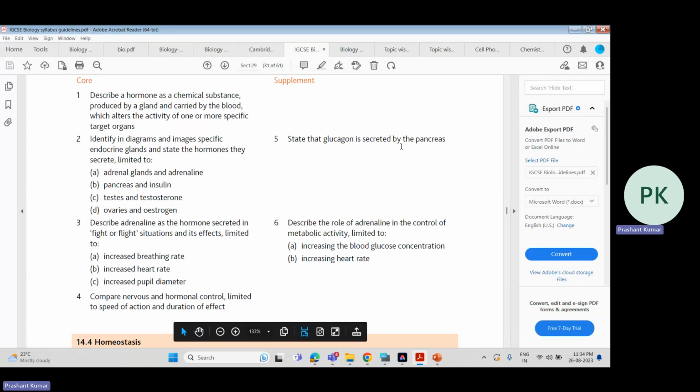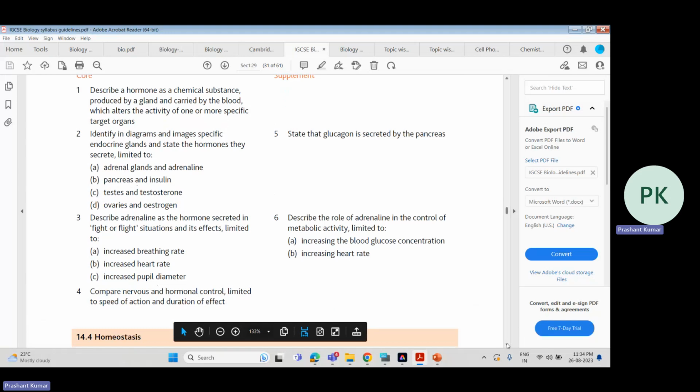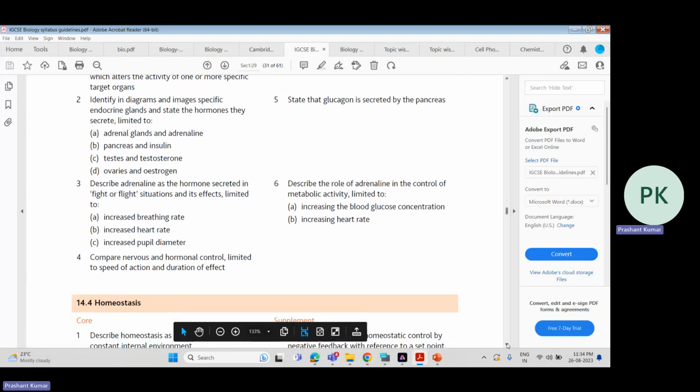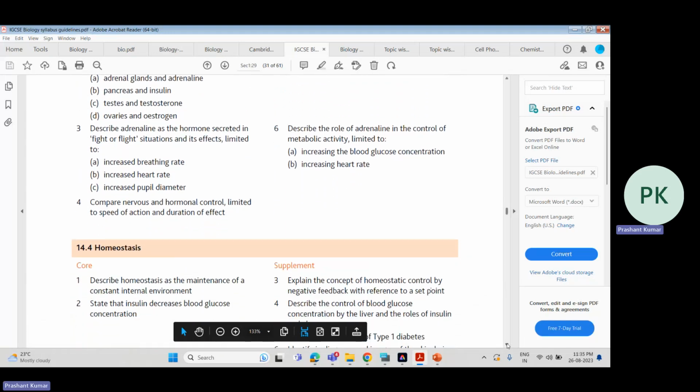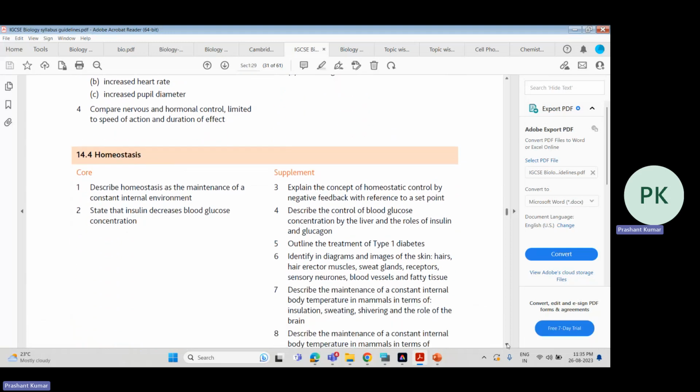State that glucagon is secreted by the pancreas, and describe the role of adrenaline in control of metabolic activity, limited to blood sugar concentration that is going to increase, and increasing heart rate. Homeostasis is the last subsection of the topic.